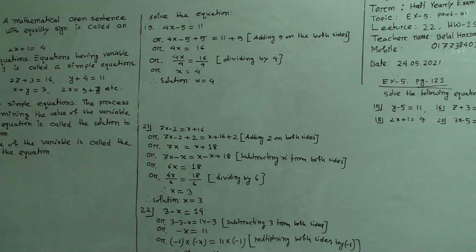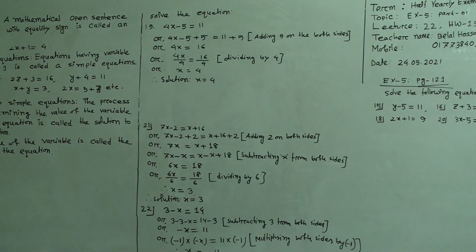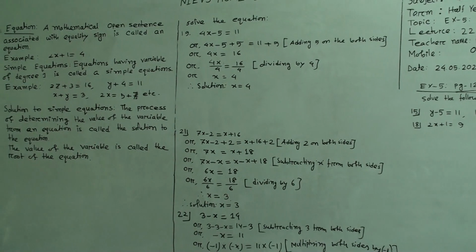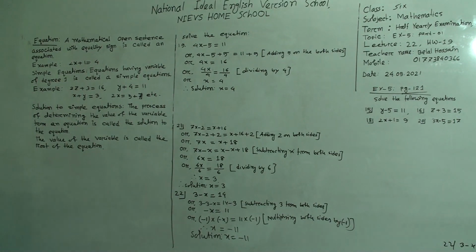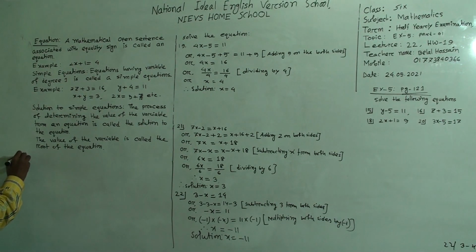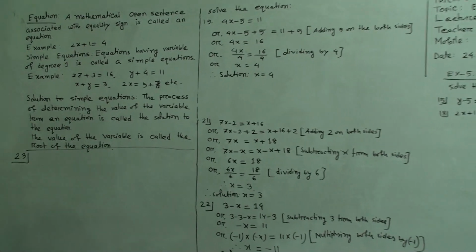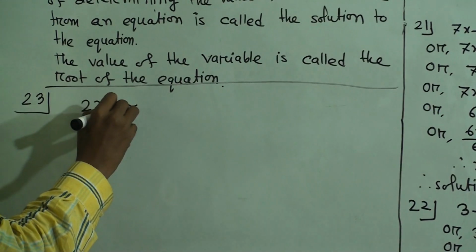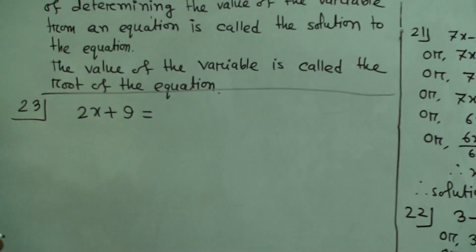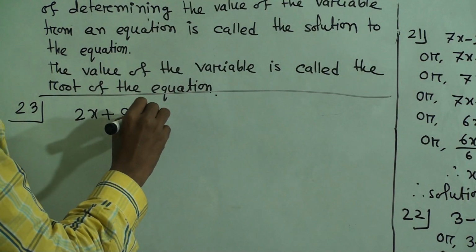23. Okay student. Look student, question number 23. Question number 23 is 2x plus 9 equal to 3.